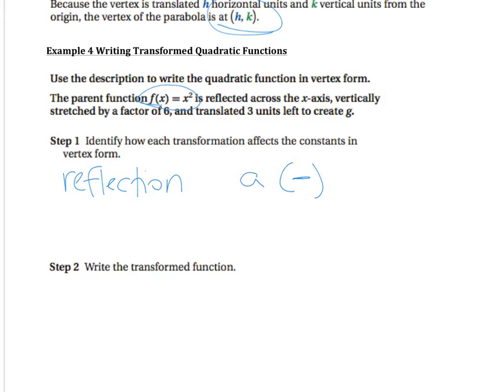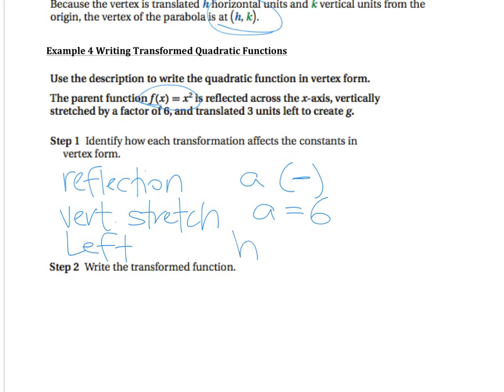A vertical stretch also gives a a value, and it says it's a factor of 6. And translated 3 units left gives me an h of negative 3.